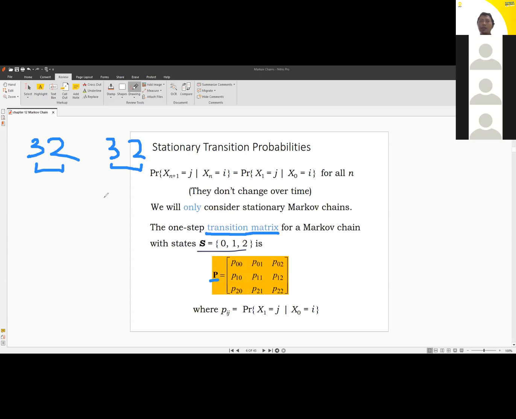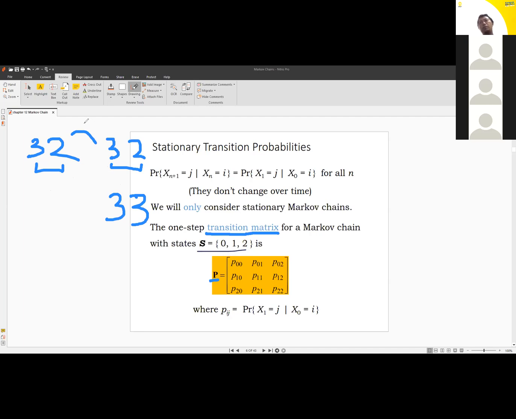But if we have another possibility, let's say it becomes 33, that is a change in temperature. Even if we have the same state, 32 and 32, a probability can exist.